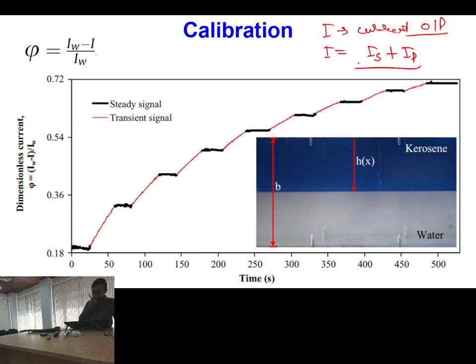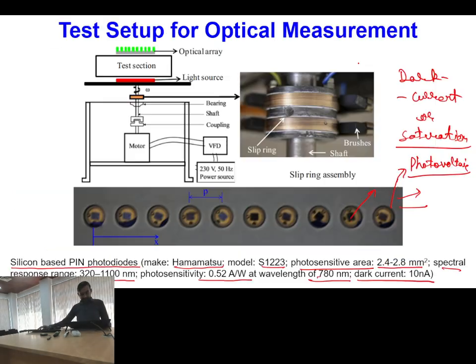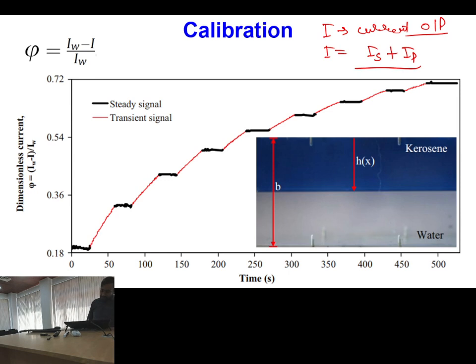So now what is done in this particular experiment? The ratio of this height is maintained at different levels. Here you can see when your height was low, initially your entire section is filled with water. When the entire section is filled with water, the value of current which you were receiving was IW.